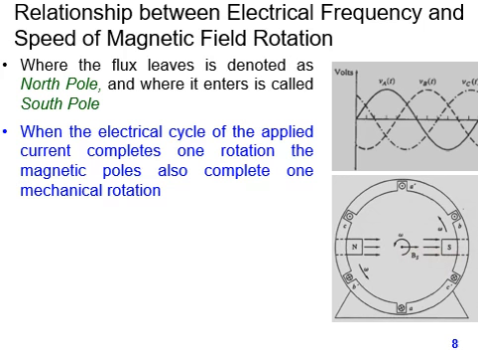So this is one cycle. When the electrical cycle of the applied current completes one rotation, these magnetic poles also complete one mechanical rotation.